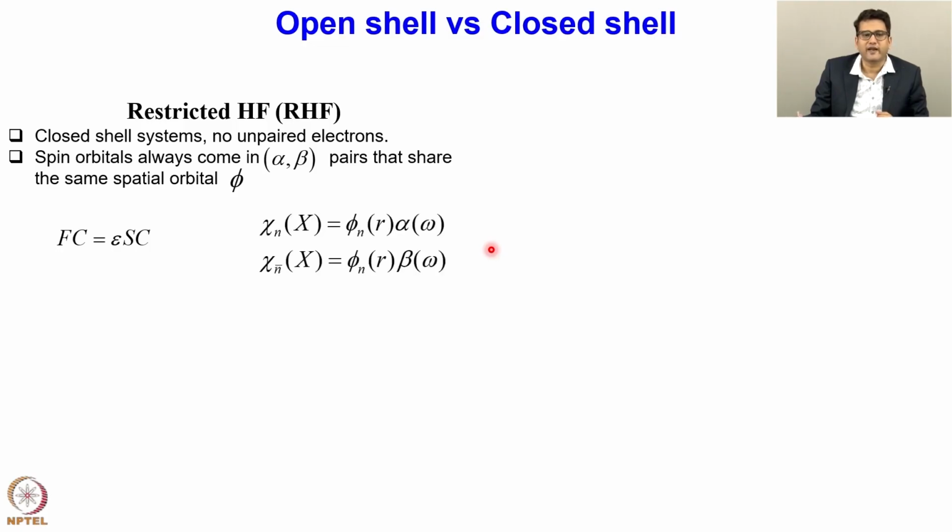The consequence is that these C's are nothing but the combination coefficients for the basis functions. So if I can get the C, I know the basis functions, so I can get the spatial part of the wave function, that is phi n, and in this case for alpha and beta spin orbitals my spatial part is the same.